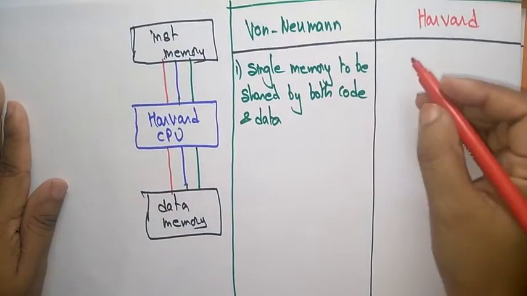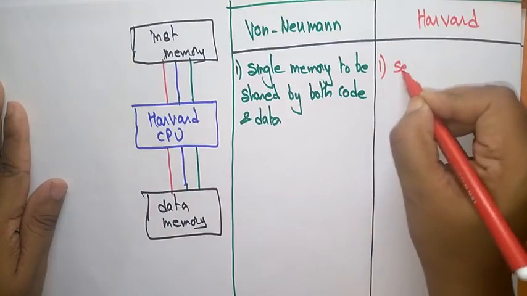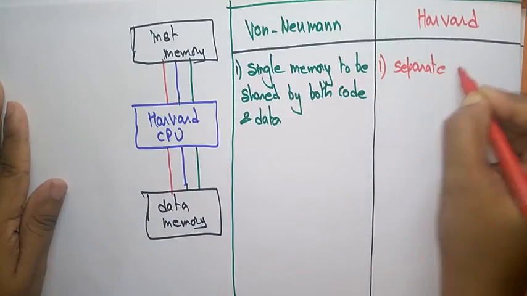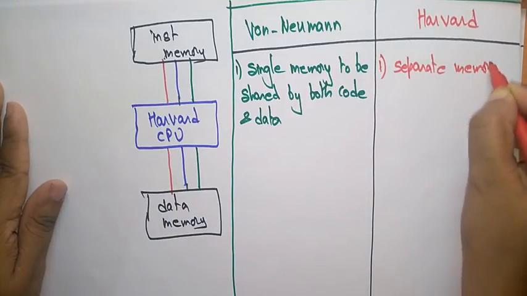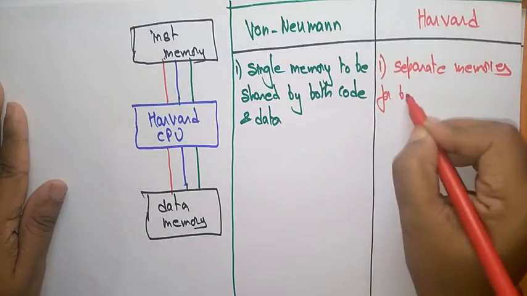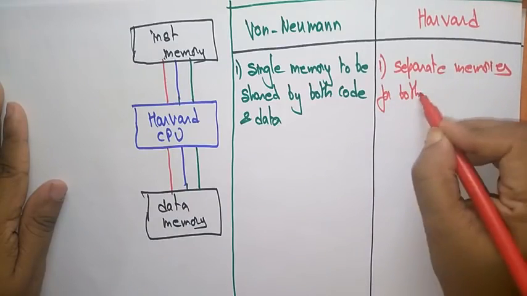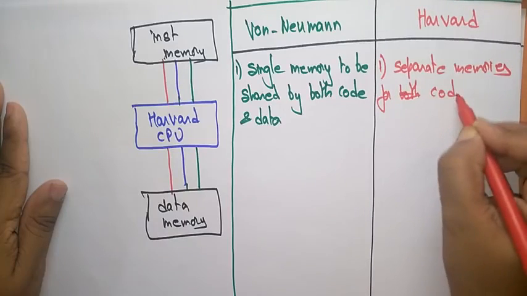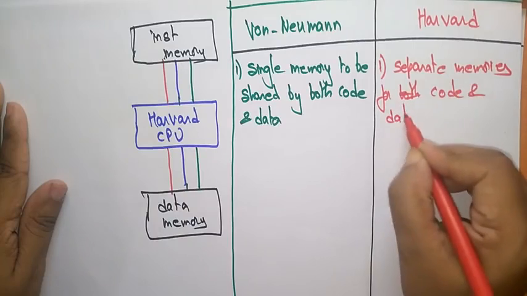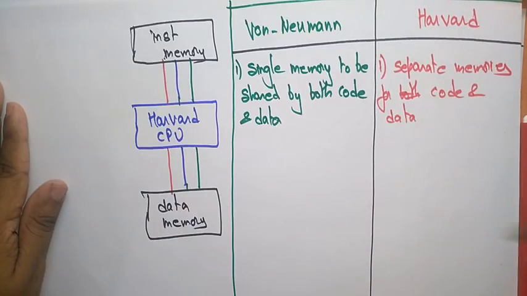Whereas Harvard uses separate memories for both code and data.